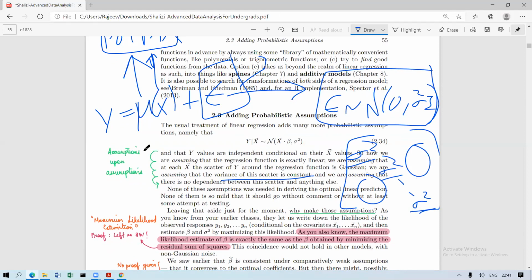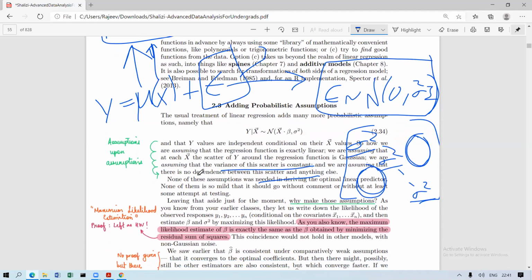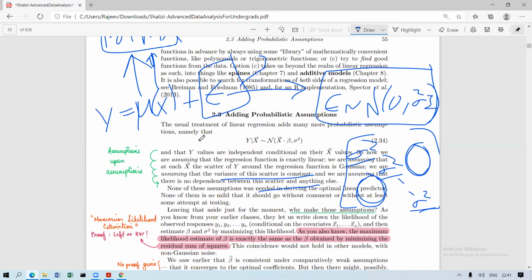And we are assuming that there is no dependence between this scatter and everything else. Again, all the covariances are zero. So they are not interdependent, they are not dependent on x. These are the assumptions that we are making explicit right here.